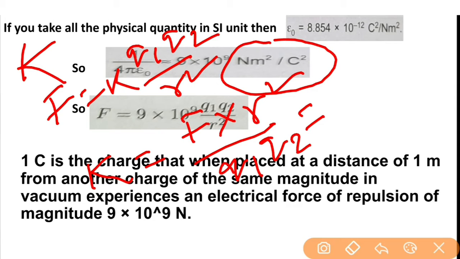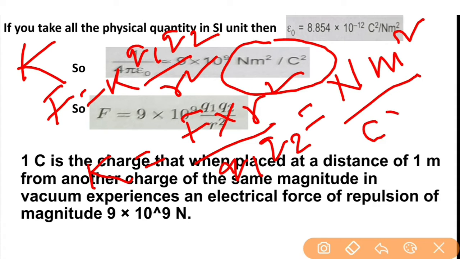The unit of force in SI is Newton. The unit of R is the meter, and here it is squared, so meter square, divided by the unit of charge, Q1 and Q2, which is Coulomb each. So Newton meter square per Coulomb square.